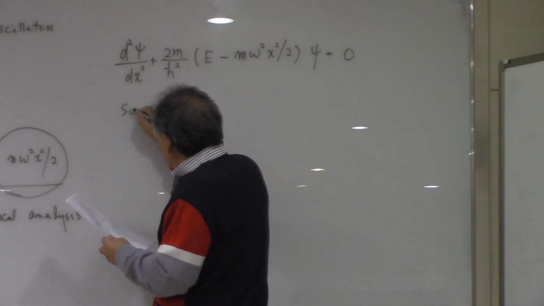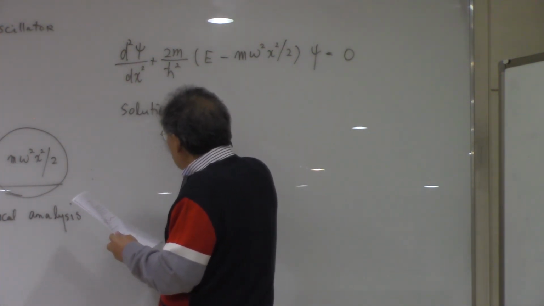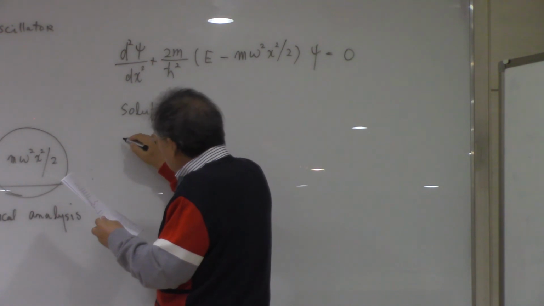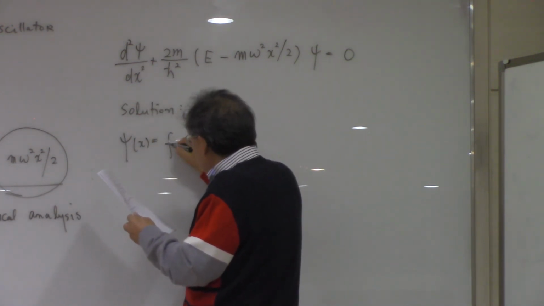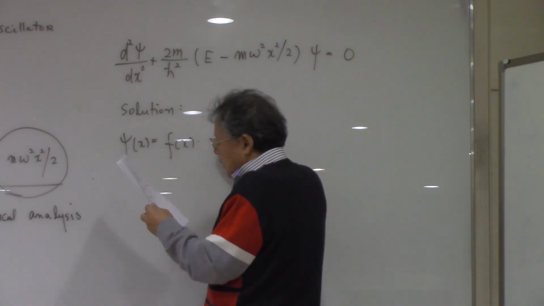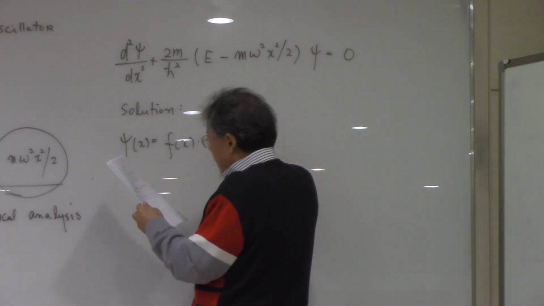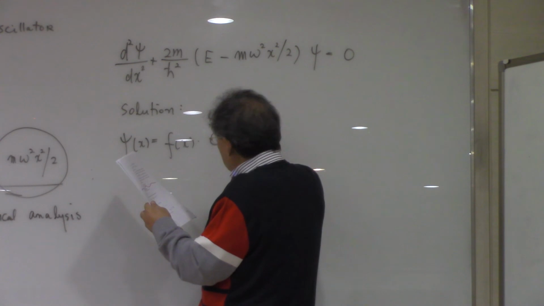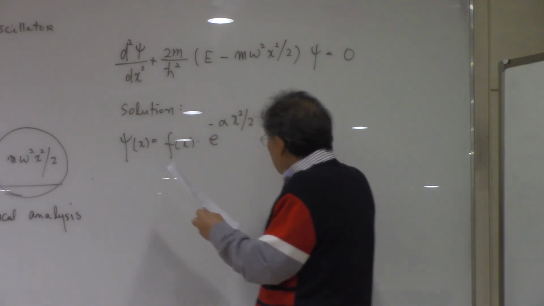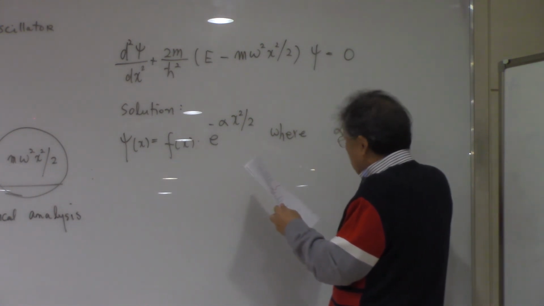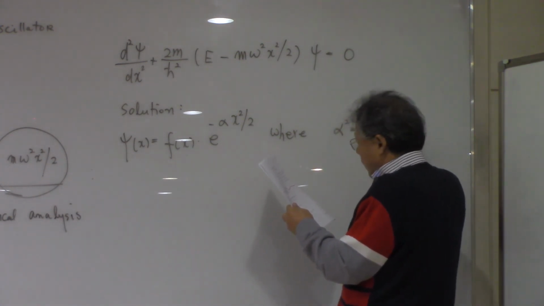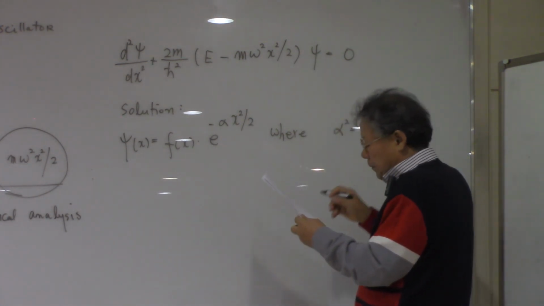And the solution of this, we are not going to solve this actually, but we do have a solution which is going to be something like e to the minus alpha x squared over 2, where alpha squared is m times square root of G over h bar squared.